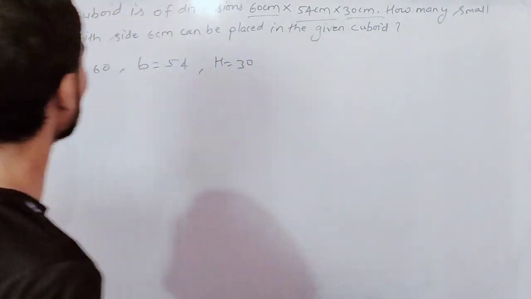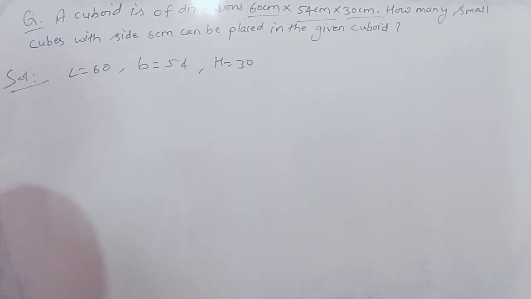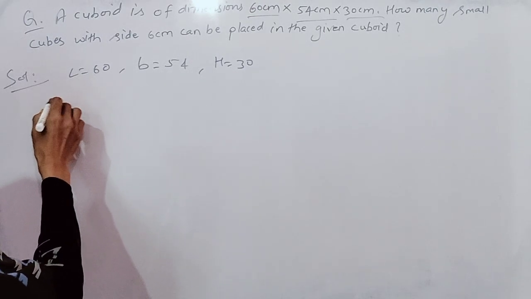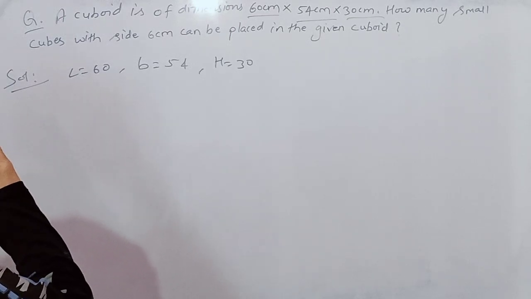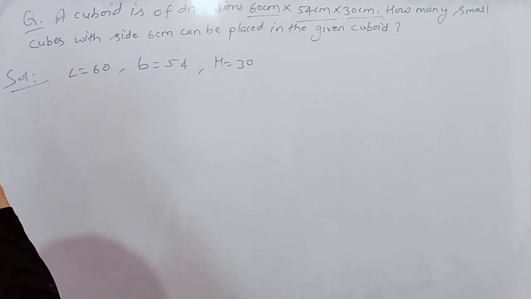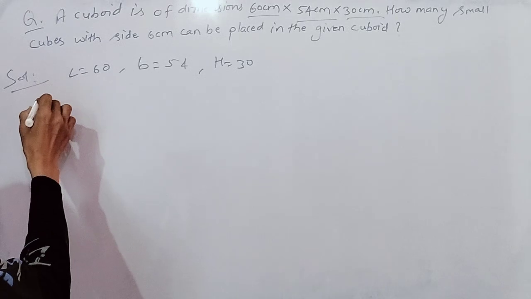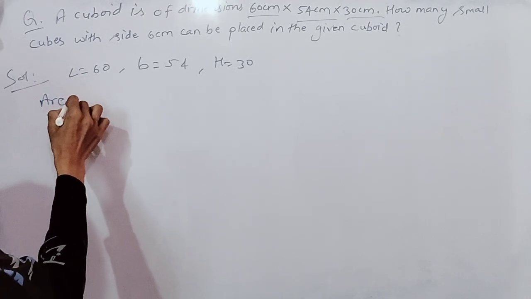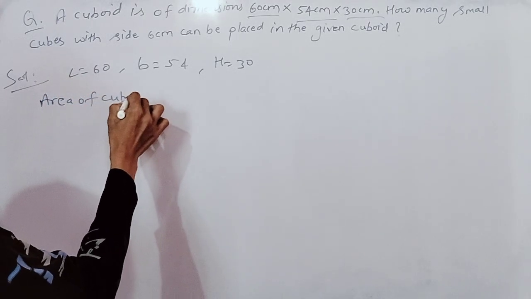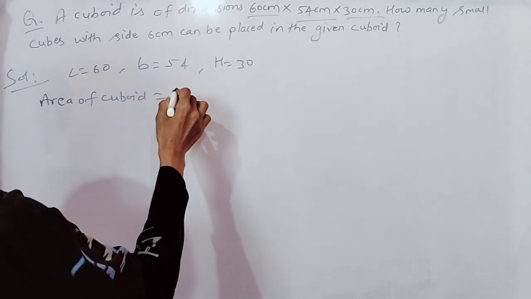This is the dimension of a cuboid. How many small cubes with side 6 can be placed in this? So as we know, it is saying can be placed.